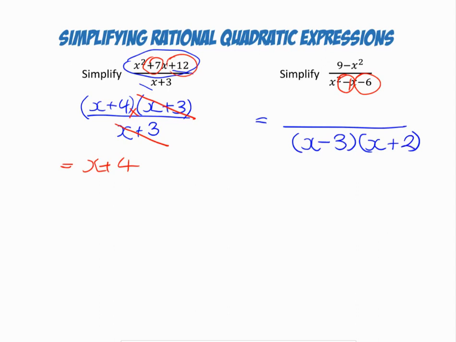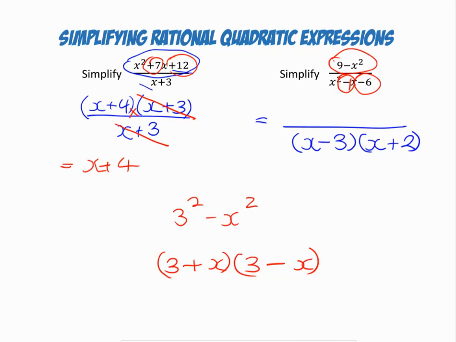Okay, this top one's going to be interesting. We actually call it difference of two squares. We've got 9, which is 3 squared, and we've got x squared. One of the rules for doing difference of two squares is that you take what's squared to get it, so put the 3 there and the x there, and one of them is plus x and one of them is minus x.